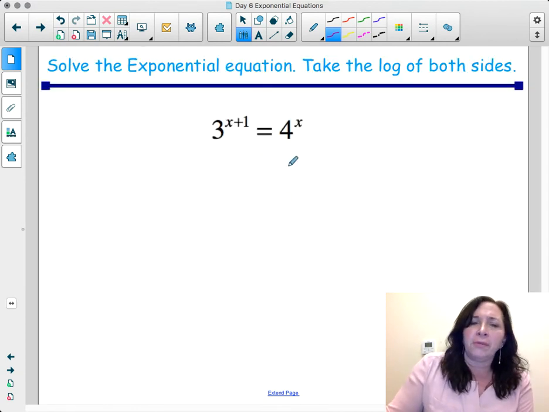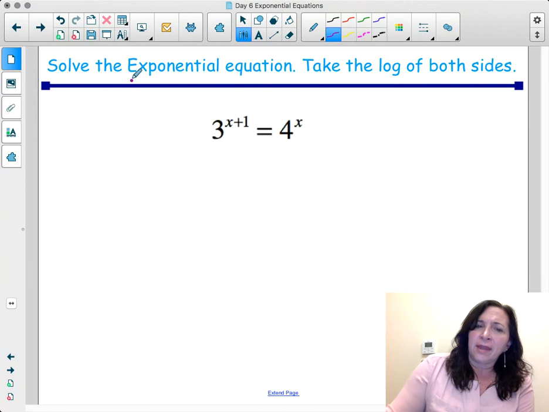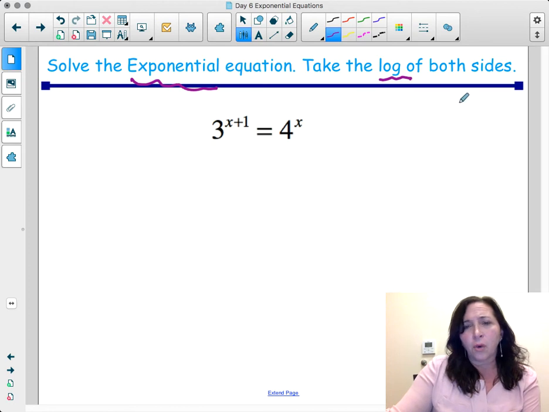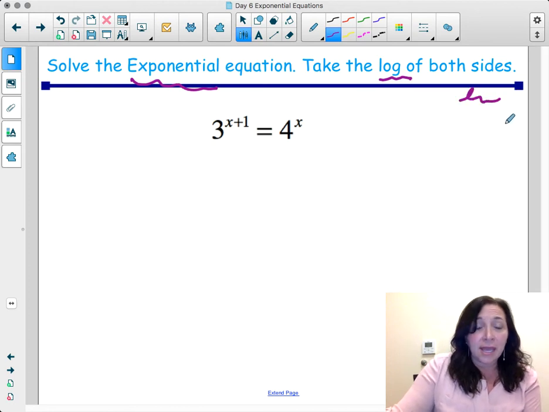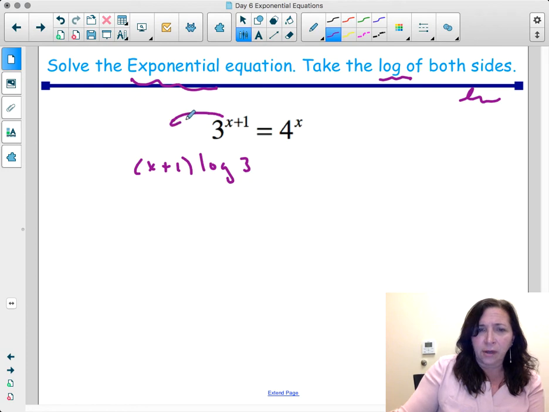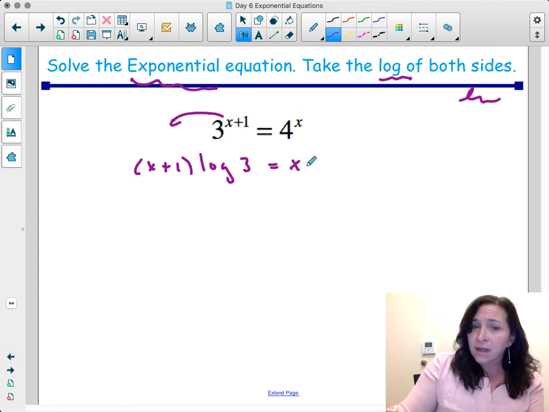For this problem, though, this is an exponential equation. You cannot get the bases equal. So what's going to happen is you're going to log both sides. Now, you can log or you can take the natural log. Either one is fine. And what I mean is when I log, I'm going to get x plus 1 log 3, pulling this out front, is equal to, bring that out front also, x log 4.